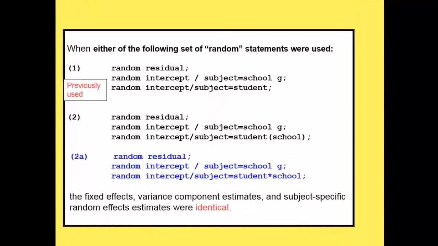Now, one thing I did was I said, when either of the following sets of random statements were used, I got the same answers. It's not just the school and the student within school, but all of these things gave us the same, even student times school. So that's another thing to consider.